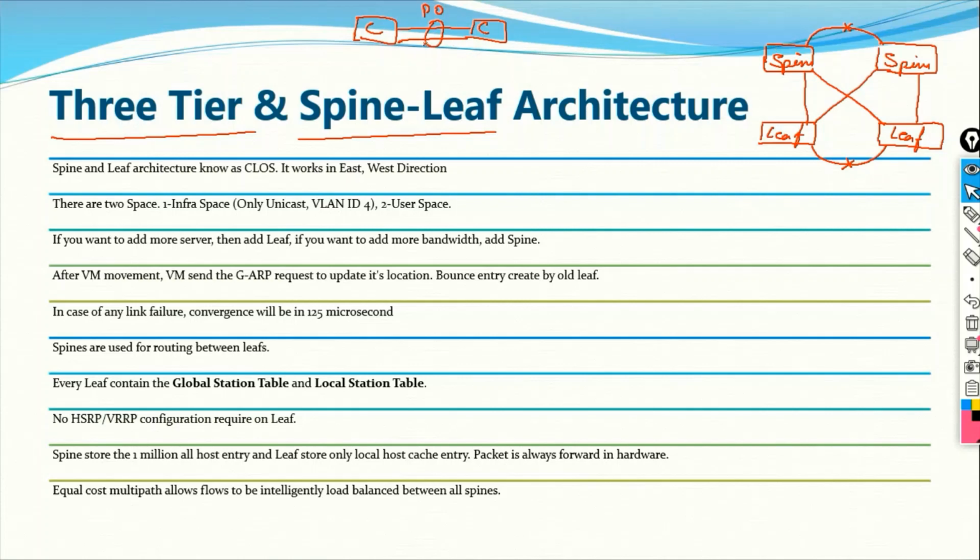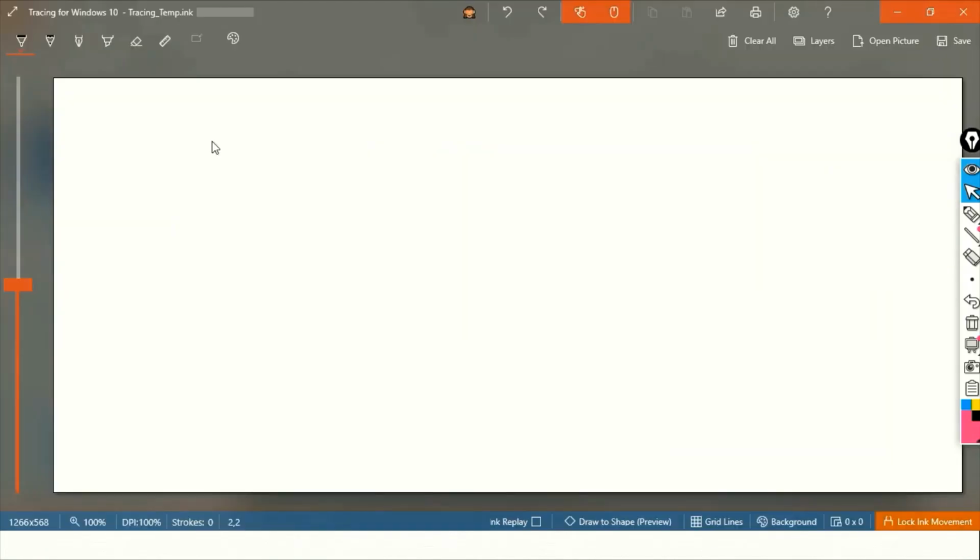That connectivity, that technology, is not allowed here in two-tier architecture. So before we move ahead, let's go to the whiteboard and try to understand what three-tier architecture and two-tier architecture are.